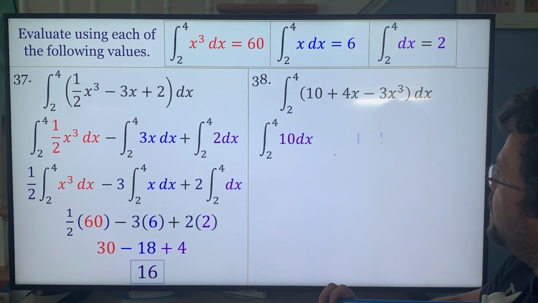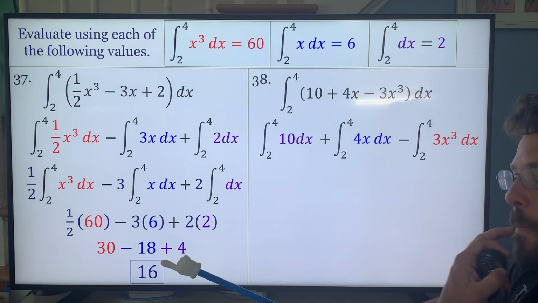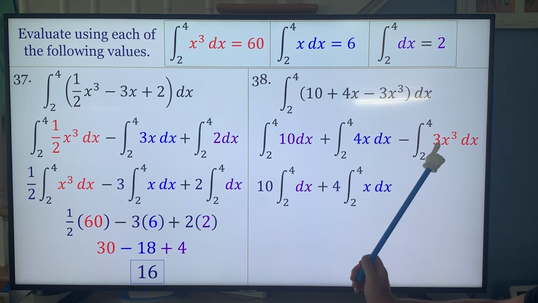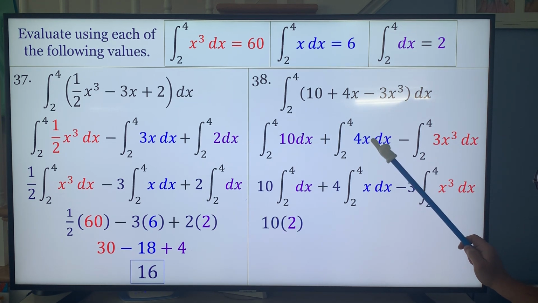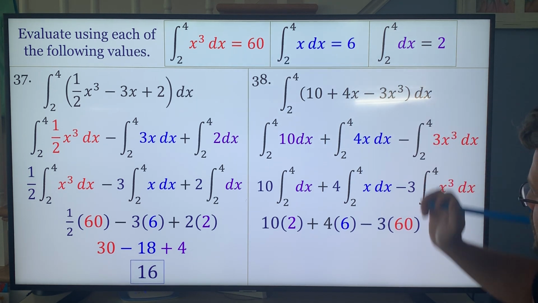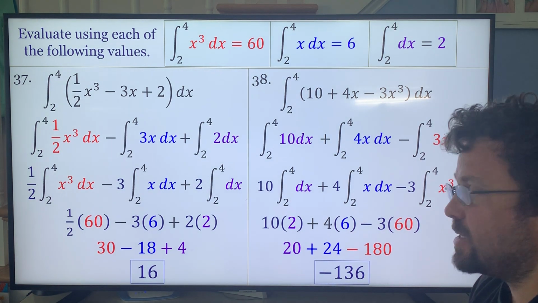Split up. 10 dx, integral 4x dx, minus 3x cubed. Pull out the 10, pull out the 4, pull out the 3. Replace this with a 2, replace this with a 6, and replace this with a 60. 20 plus 24 minus 180 gives you negative 136.